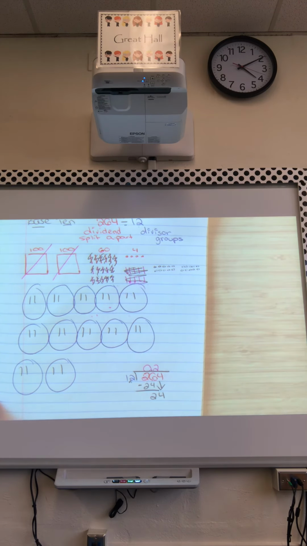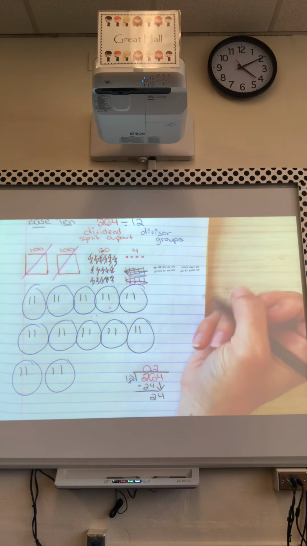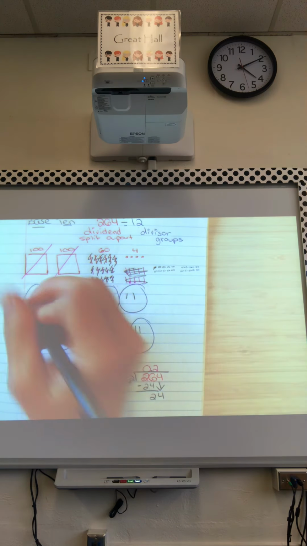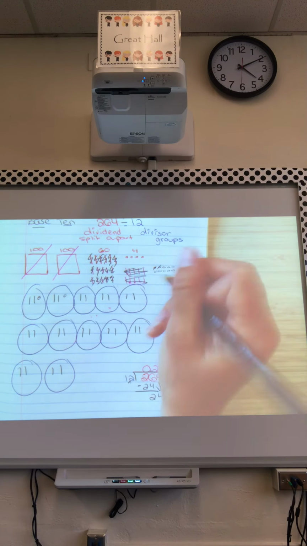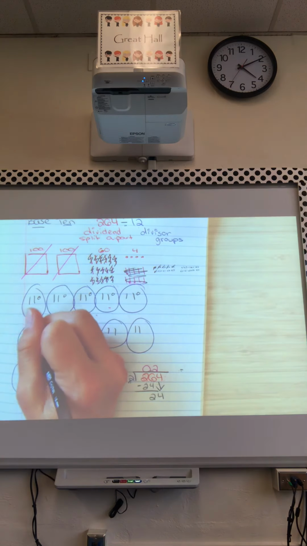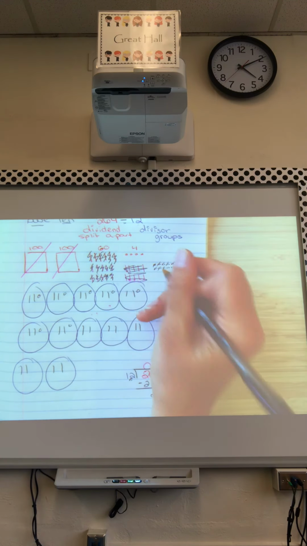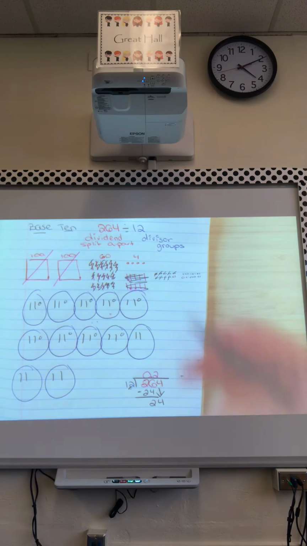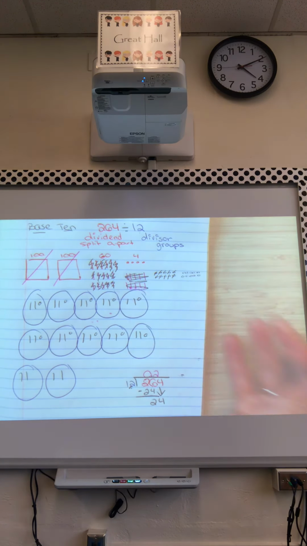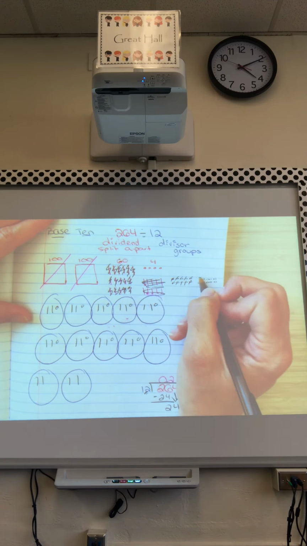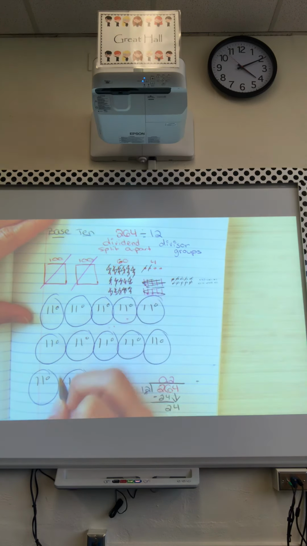So now, I look at my paper, and I know I probably can take, let's see, I'll do one at each time first. 1, 2, 3, 4, 5, 6, 7, 8, 9, oops, sorry there, 10, and then I'll do 11, 12.